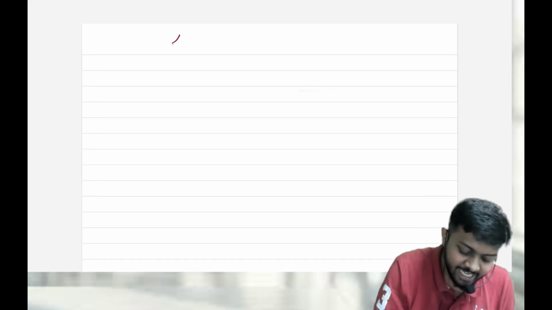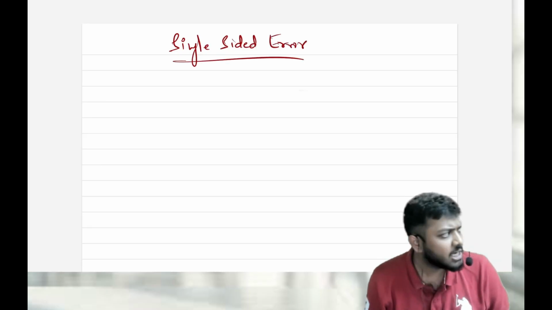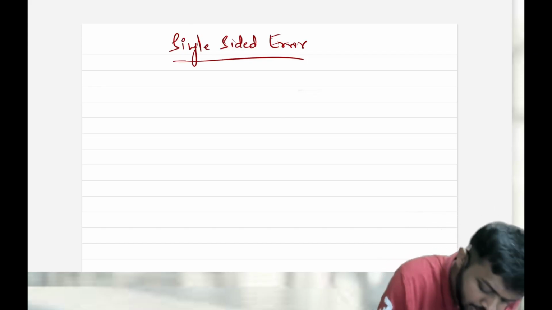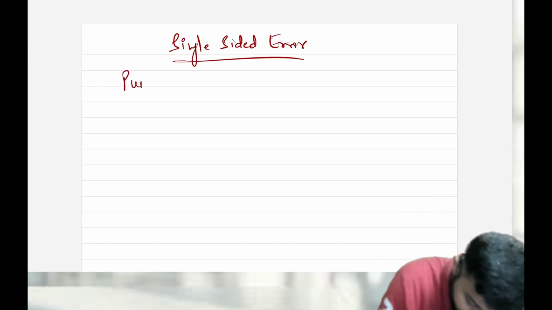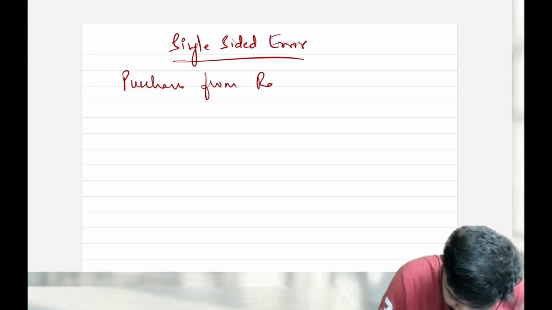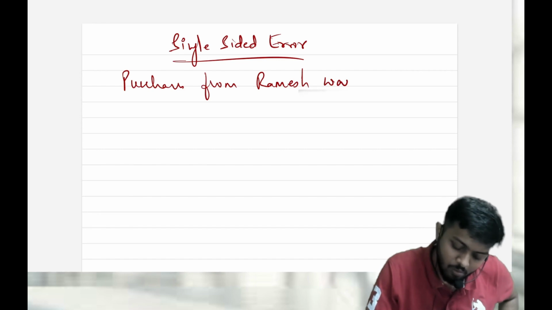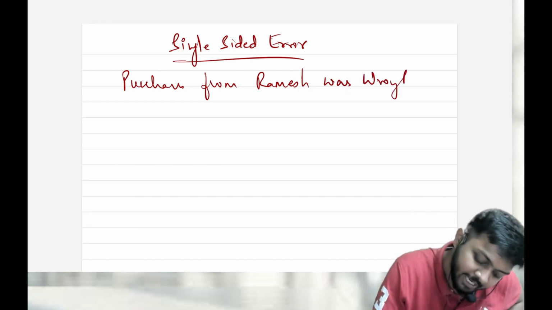I'll take one single-sided error example. What single-sided error? Purchases from Ramesh was wrongly debited.